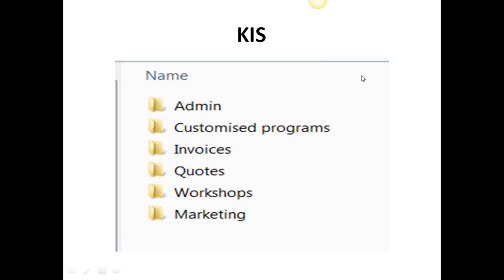So because I'm going to them all the time, I just want to have it one step rather than having to go into admin and then drill down into invoices, or workshops and then into customized programs, or marketing and then into quotes. So that's the way it's easy for me.